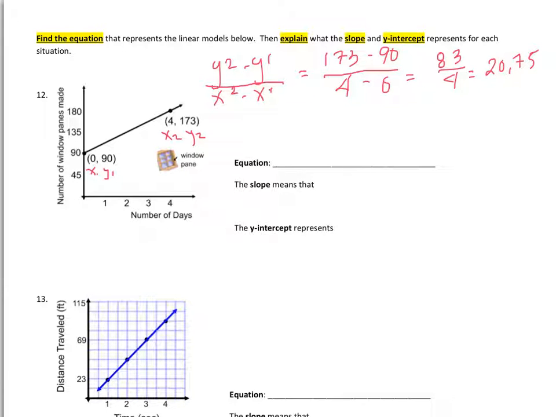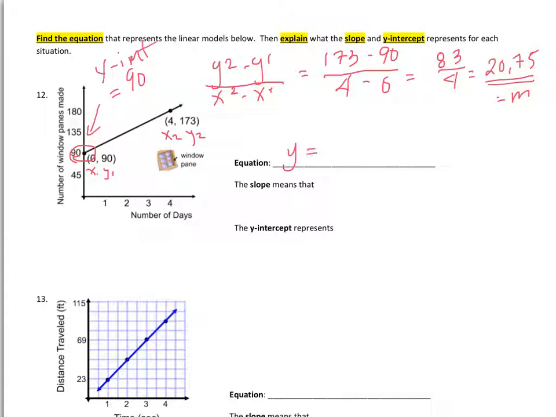We can tell by looking at the graph that b, the y-intercept, is 90. This number is our m, or our slope.